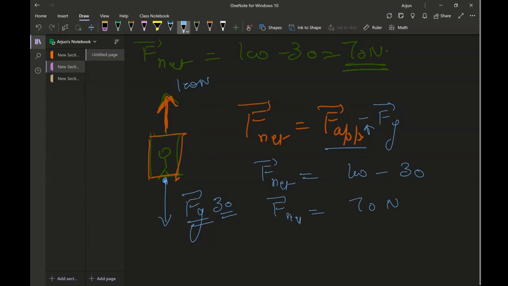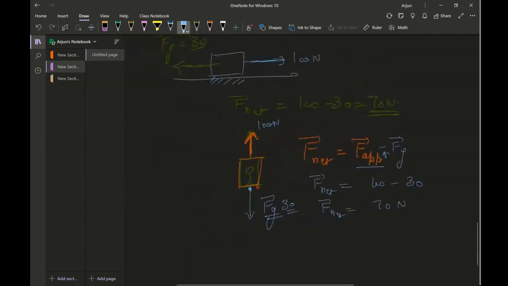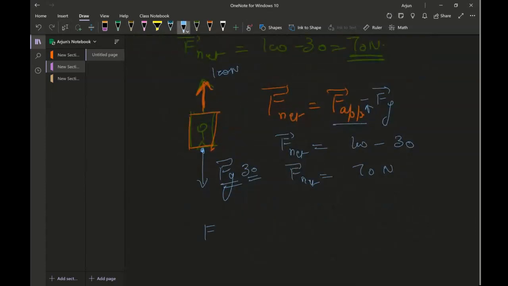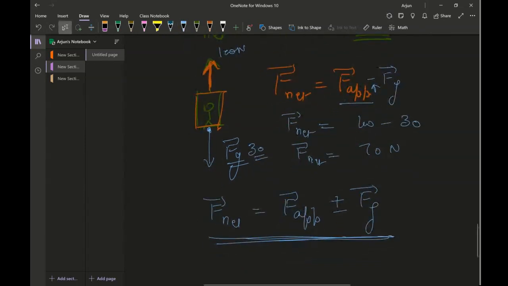So if I compare both the formulas, the previous formula was F net equal to force applied plus or minus force of friction, depending upon where the applied force is. This formula we applied on the horizontal, when the object is moving on a horizontal plane.